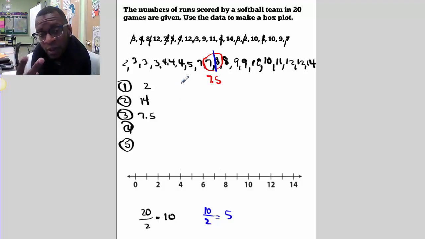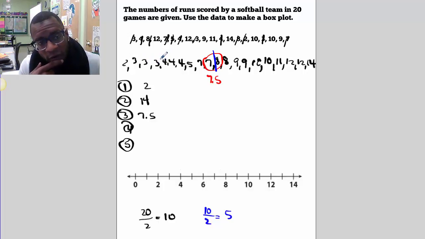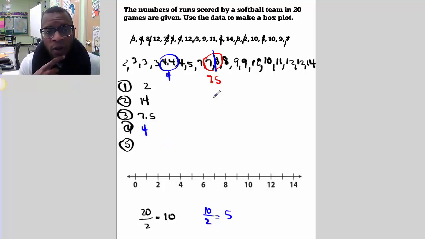So now it's going to be the average of our 5th and 6th values. So 1, 2, 3, 4, 5. So it's going to be the average of 4 and 4, which is itself 4. So our Q1 is 4.